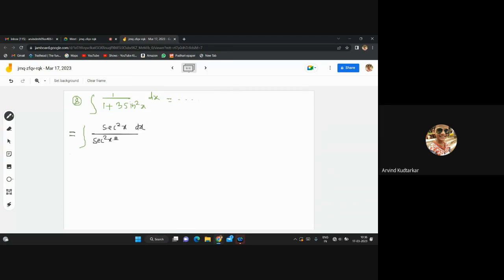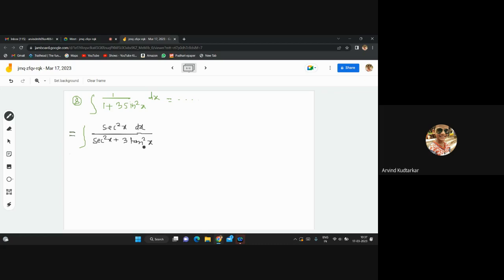If we divide by cos square x, then 1 by cos square is sec square, plus 3 into sin square by cos square is tan square. What do we get? Tan square x. Okay? We will get here in the form sec square x plus 3 into tan square x.